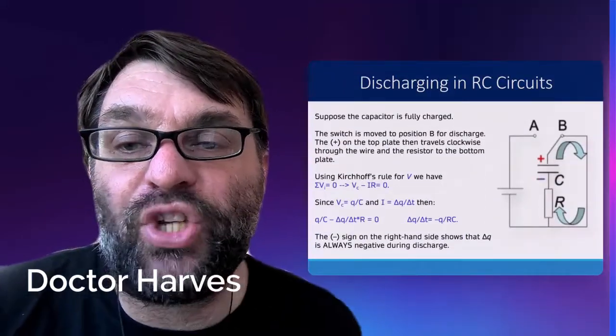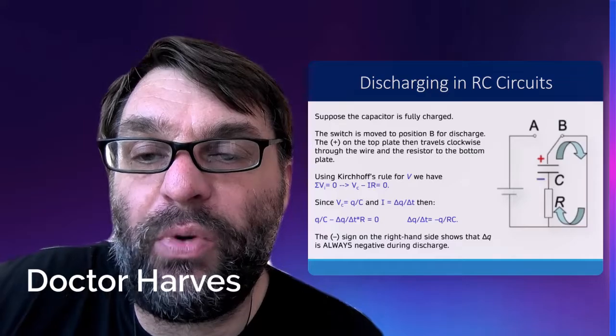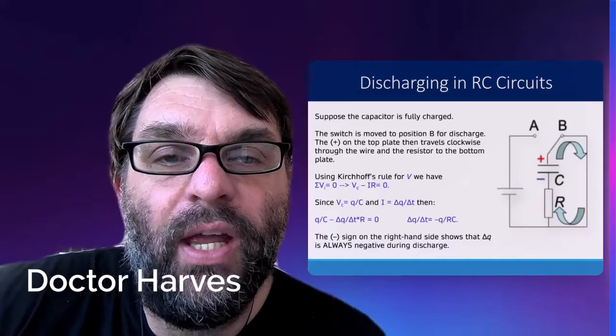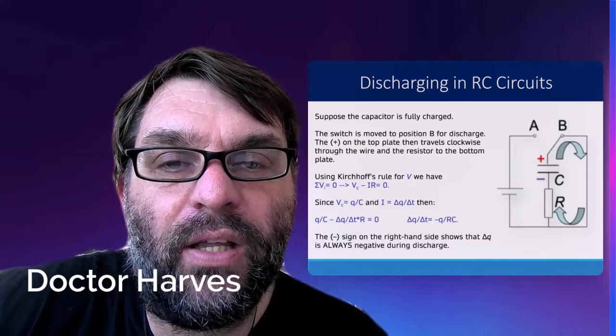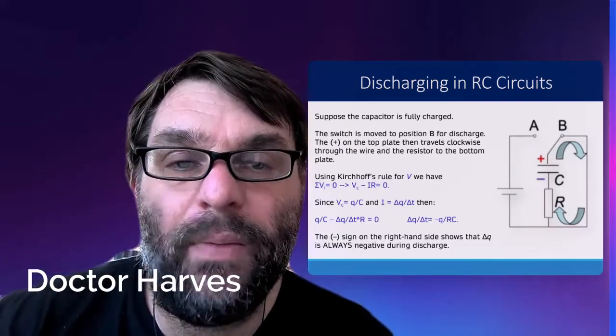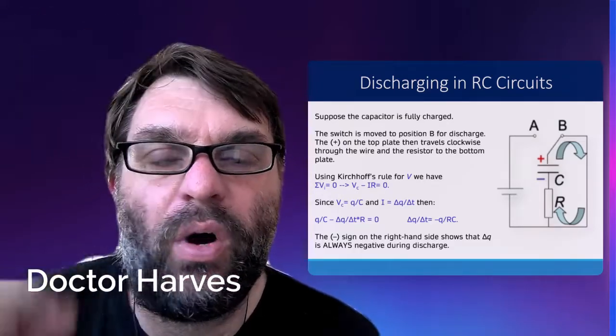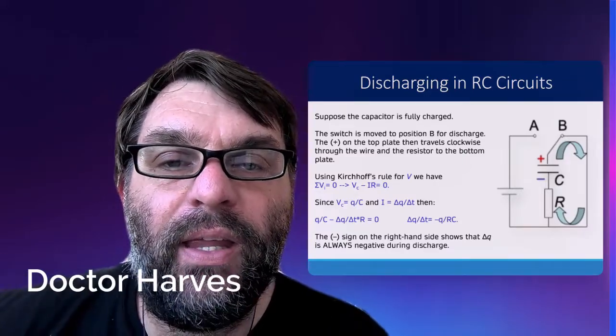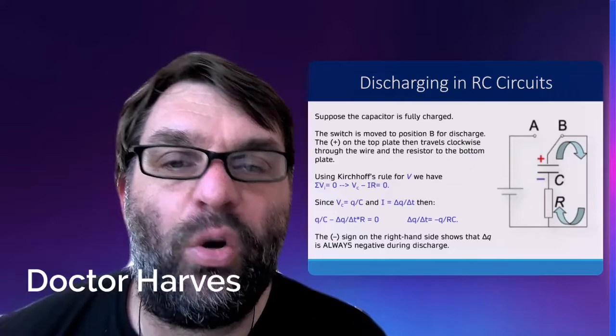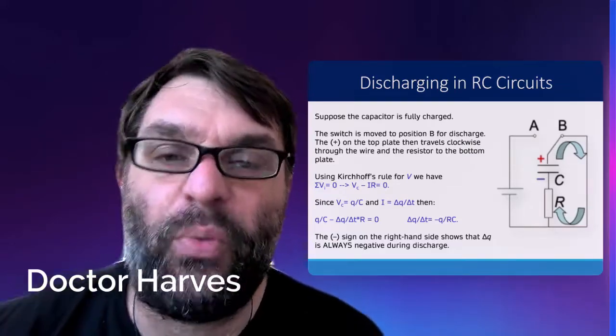And then we have the discharging of RC, so resistor and capacitor circuits. When they're fully charged, you will see that the switch is moved to point B in the diagram, which means the charge begins to be released from the capacitor. The plus on the top plate then travels clockwise through the wire and then through the resistor.